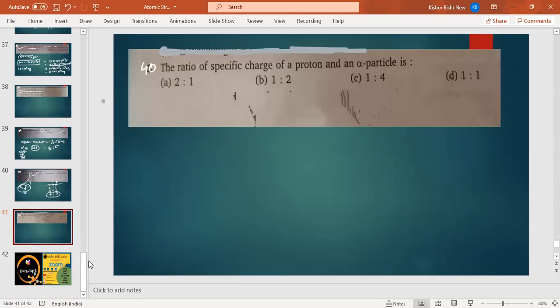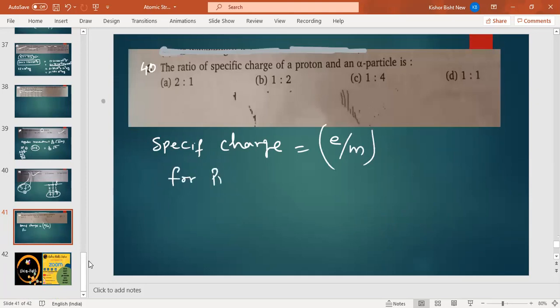Come to the next. The ratio of specific charge of proton and alpha particle is. What is the meaning of specific charge? Specific charge means charge upon mass ratio. For proton, e by m is equal to e upon m, I'm saying mass 1. You know that proton is denoting hydrogen.